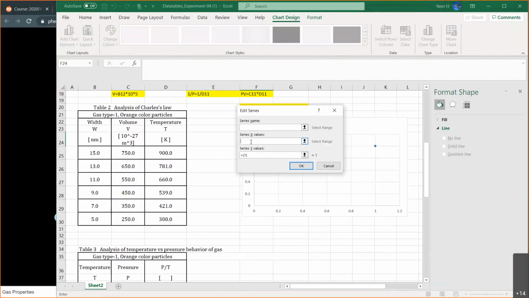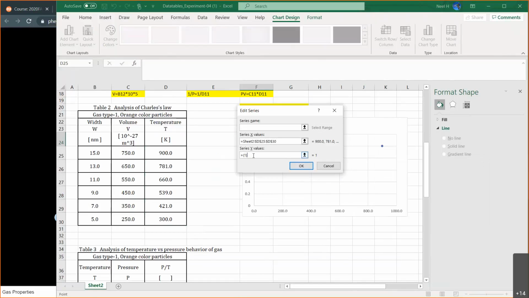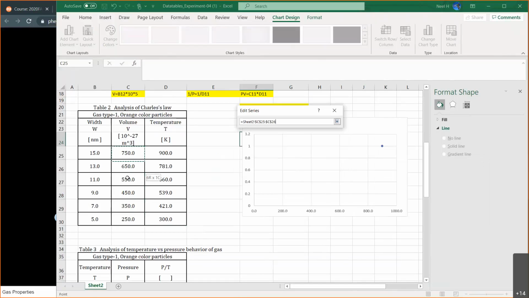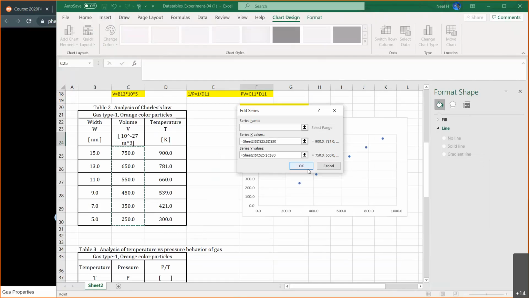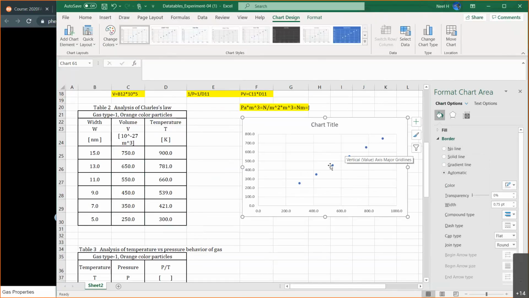For X values, I'm going to use temperature, and for Y values, we're going to use volume, and then click OK. It should be linear. We're only testing the behavior, okay? We don't need to fit this data or anything, but if you want, you can add the trend line. The numbers and equation are not important at all.